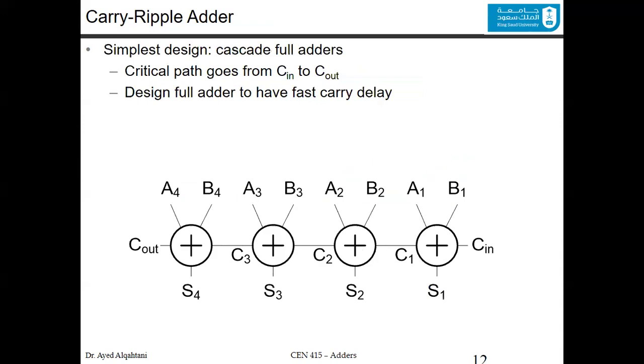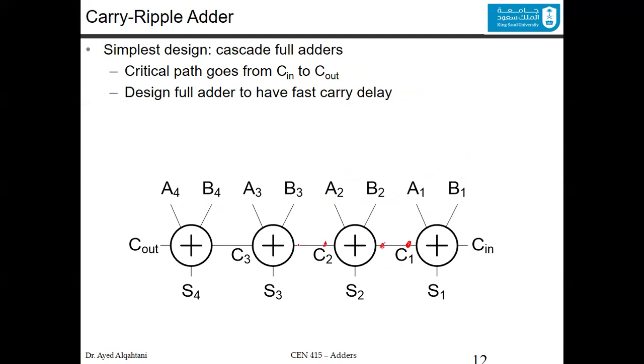From that, we can do the carry ripple adder. In this slide, for example, we have 4 bits. Whatever carry out you have for the first stage, you connect it to the carry in of the next stage.